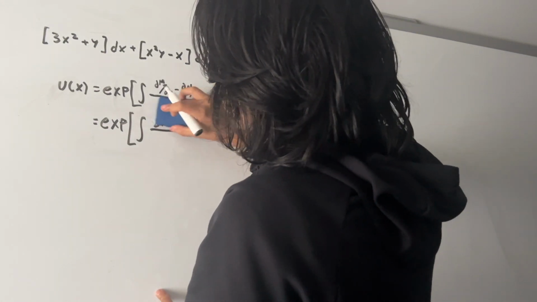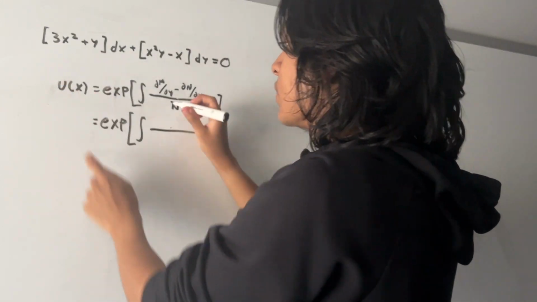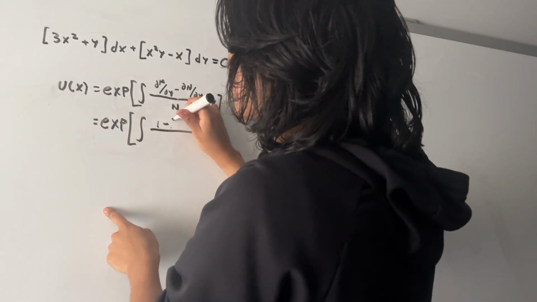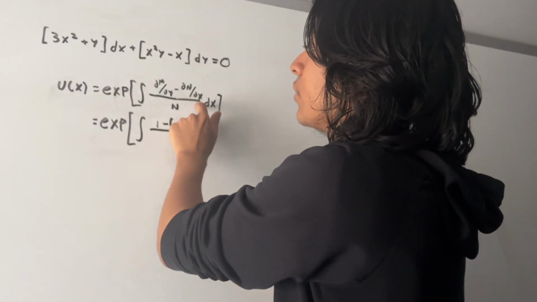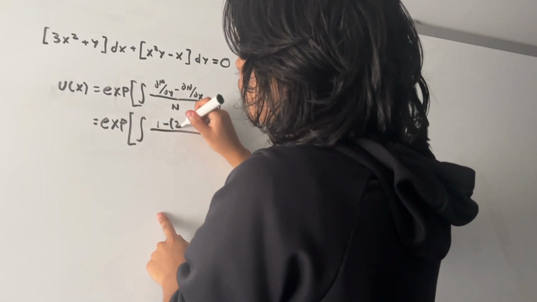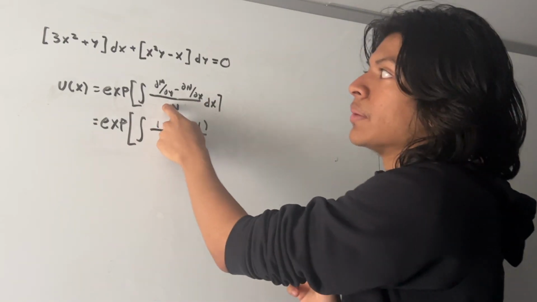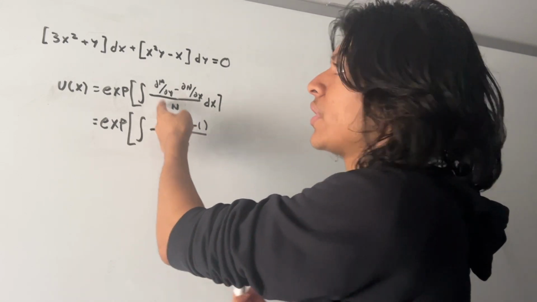And actually, I'm going to write it as it is. So this would just be 1 minus, and here we would have the derivative with respect to x. So we would have 2xy minus 1. But in the bottom, we now have our n function.